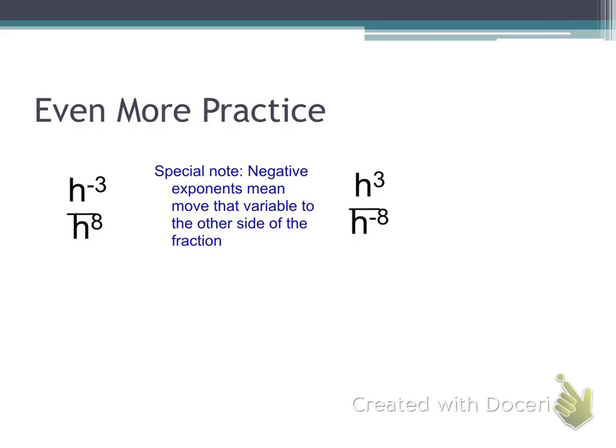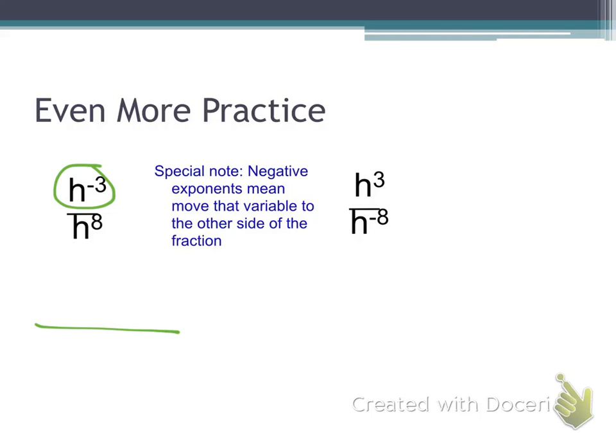Now, last problem. Okay, here's where you guys really get messed up. You see here, there's a negative here and a negative here. This is a special note that you want to pay attention to. When you have a negative exponent, it means move that variable to the other side of the fraction. So when I write this, here's my fraction.